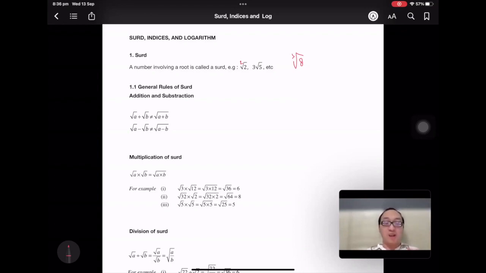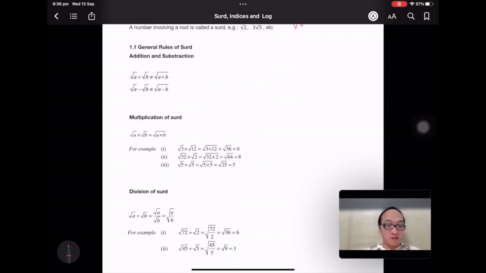We have some general rules for surds. The first one is about addition and subtraction. If we want to add surds, we have to make sure that the surd is the same between the terms, because if we have different surd forms, we cannot add or combine them.